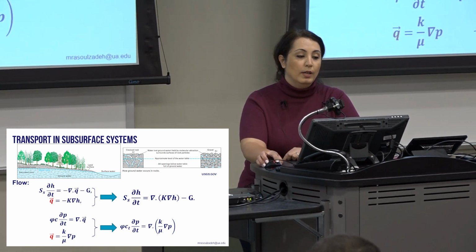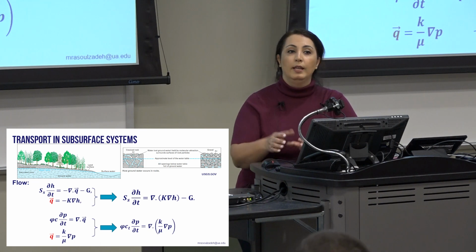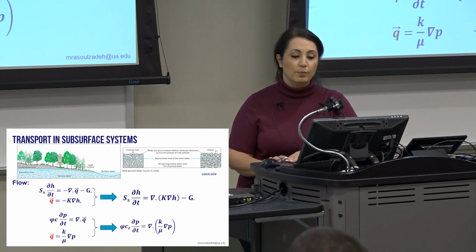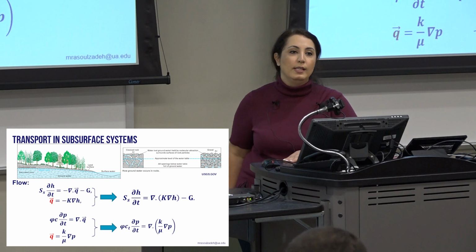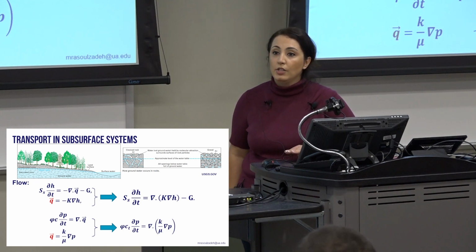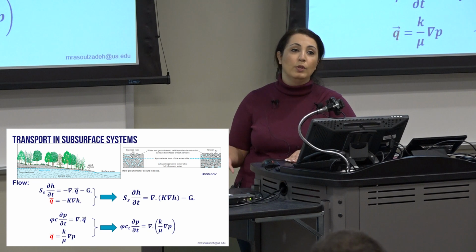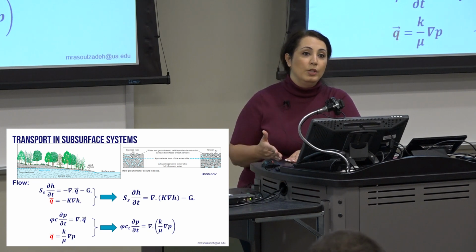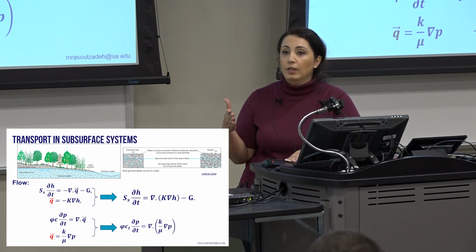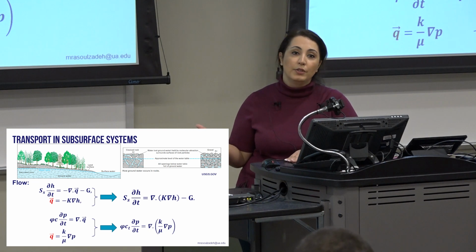So the flow problem in a porous system basically results from conservation of mass and conservation of momentum. Conservation of momentum in porous media is the simplest fluid mechanics problem, in which we know ahead that velocity is proportional to the pressure gradient.